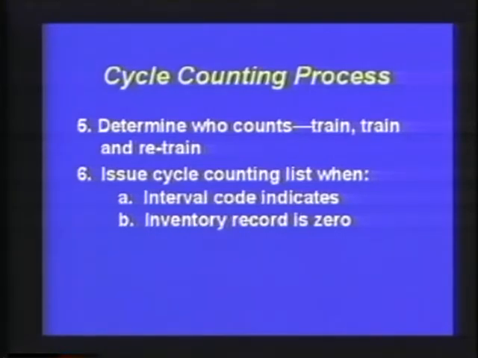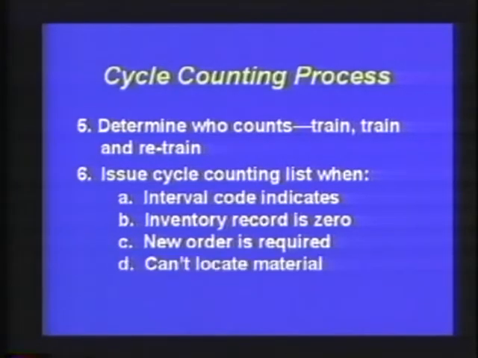You may be surprised. When a new order is required, that means I've reached an order point or I've reached a minimum, and it would be nice to make certain that that minimum or the order point quantity is accurate. Item D pertains to where you can't locate a material when you're going to cycle count.